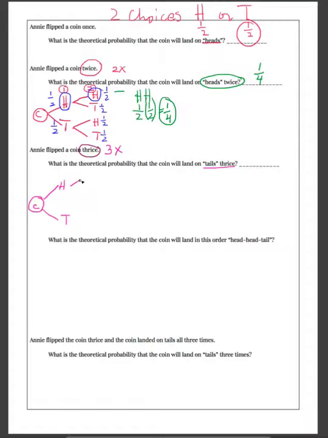So the second try, it can either be heads or tails, and heads or tails. The third try, it's the same thing. It can either be heads or tails, heads or tails, heads and tails, and the same thing here, heads or tails, okay?